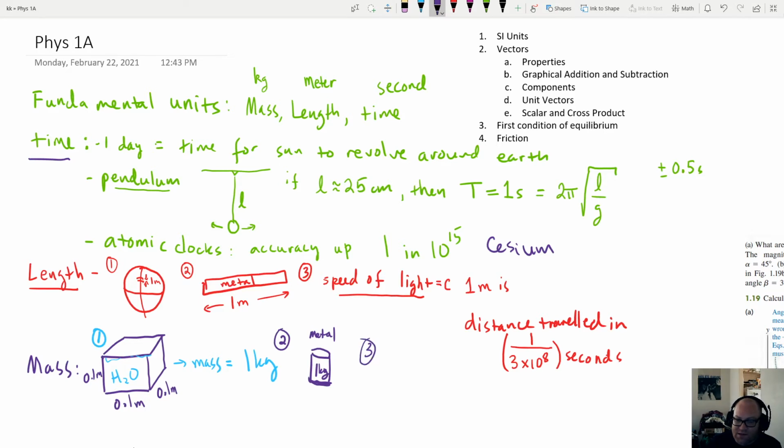Now, this one gets really interesting. This is actually very, very recent that this was changed. So this was up until, I want to say 2018, maybe even 2019. We still used these pieces of metal to define what a kilogram was, but we just recently changed this. Does anyone know what we now define the kilogram based on?